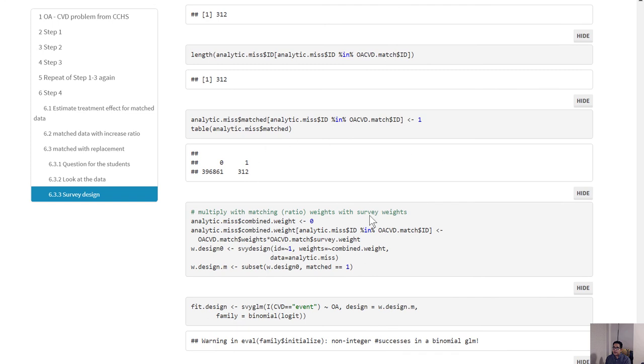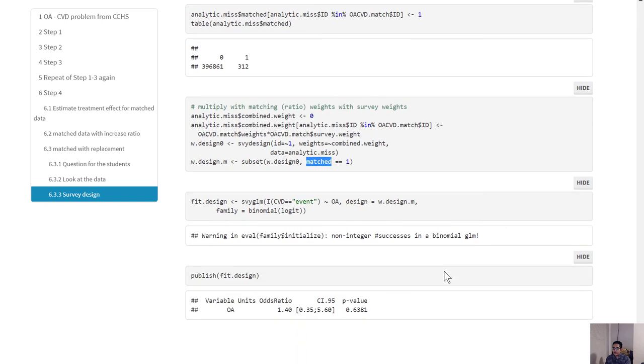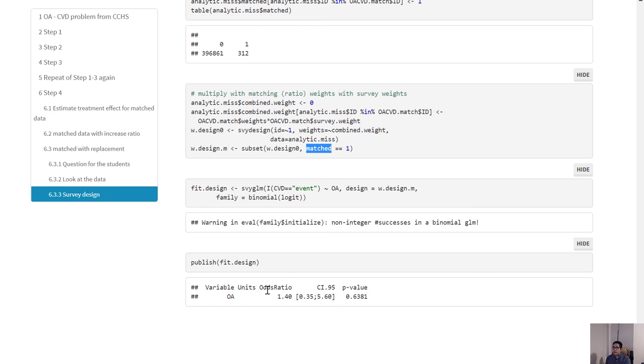So similarly, we can create the combined weight and then use that combined weight to create our design, and then subset based on who was matched and who were not, and then that will give us the odds ratio, which is 1.4.